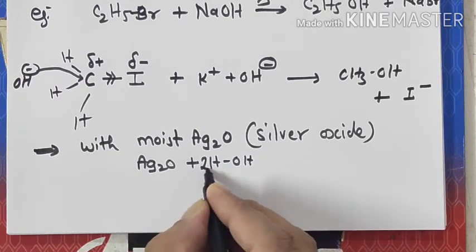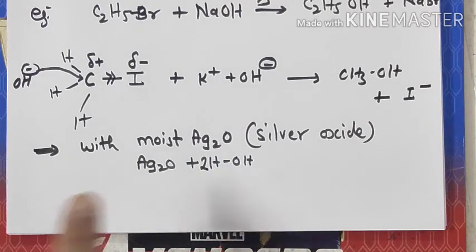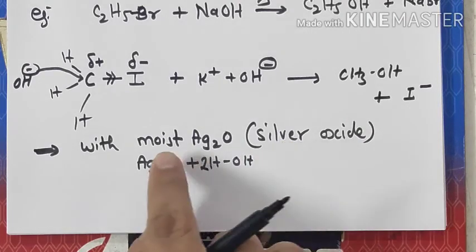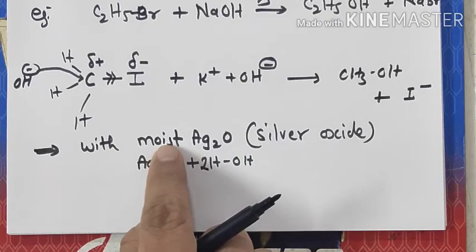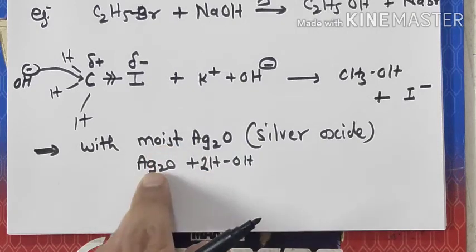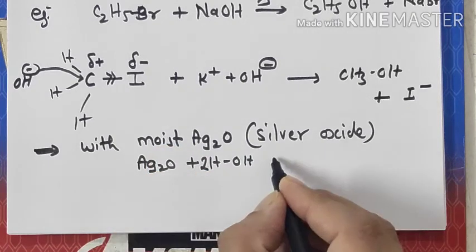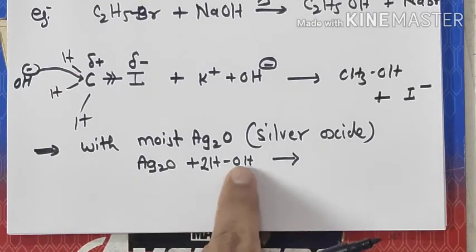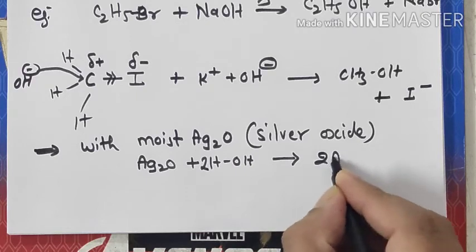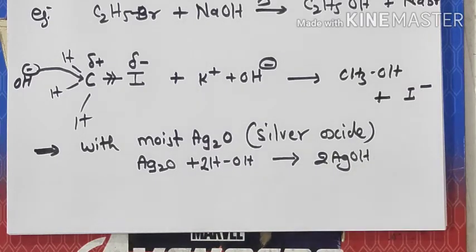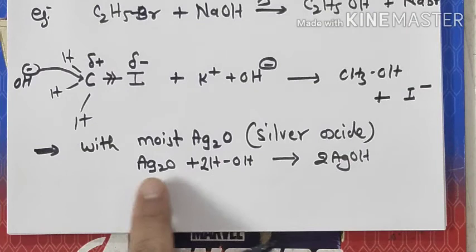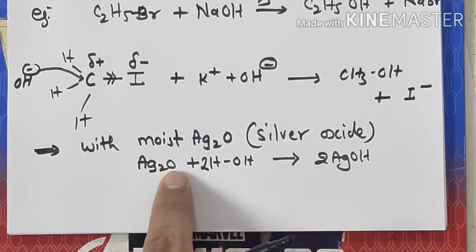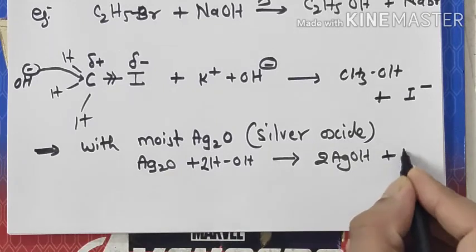I can take it twice. When I say moist Ag2O, that means water is also present. So when water is present, this Ag2O will combine with this water and it results in the formation of 2Ag combining with 2OH to give 2AgOH, right?